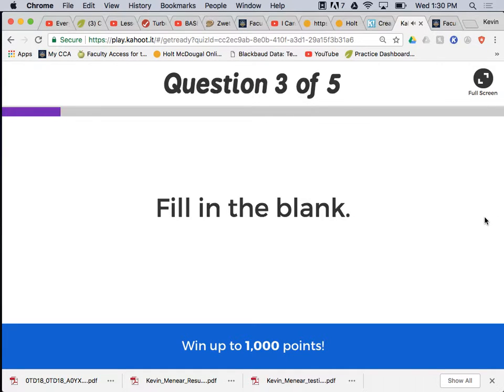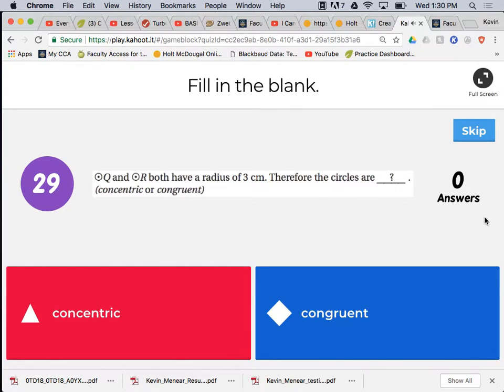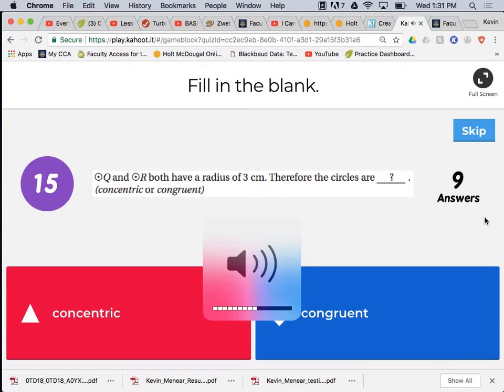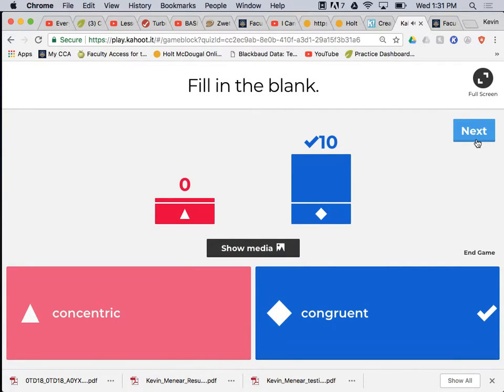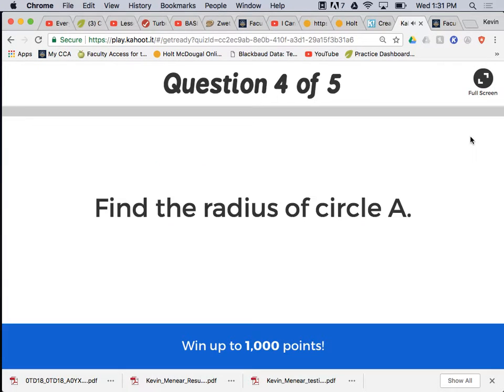Next: Q and R have a radius of 3. Therefore, the circles are... They have the same radius, which means they're congruent. Very good.